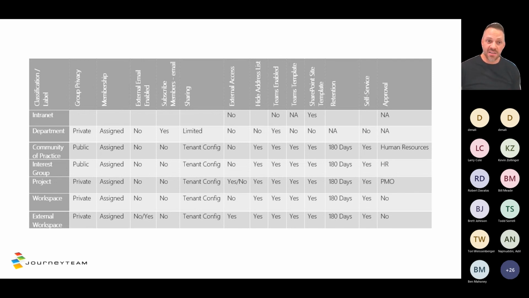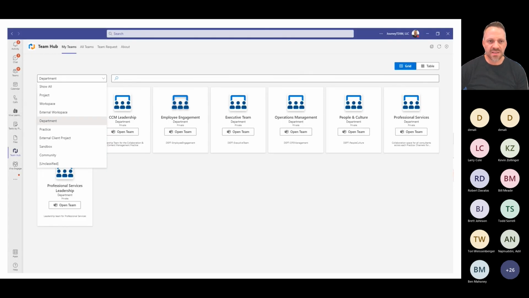And then what is the retention policy that is different based upon the classification, right? So a good summary of this, if you don't mind me hopping back over, is this little drop down. This is JourneyTEAM. We have projects, workspaces, external workspaces, departments, practices, sandbox, and communities. And all teams fall within one of those buckets.